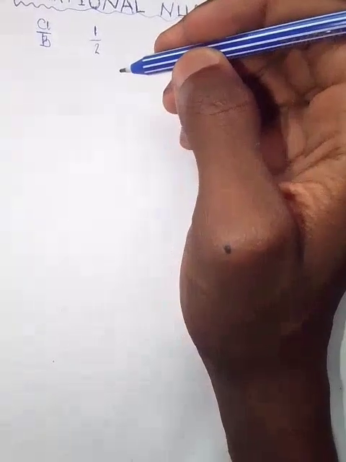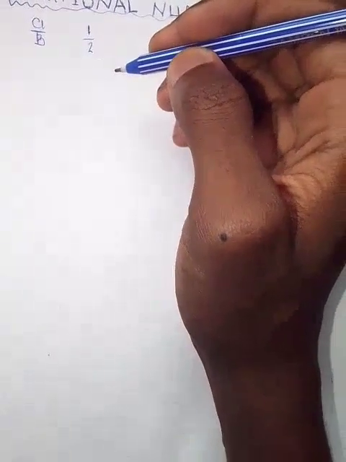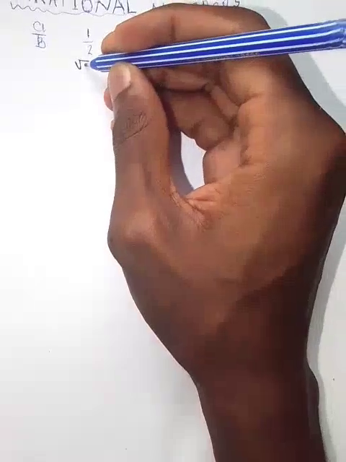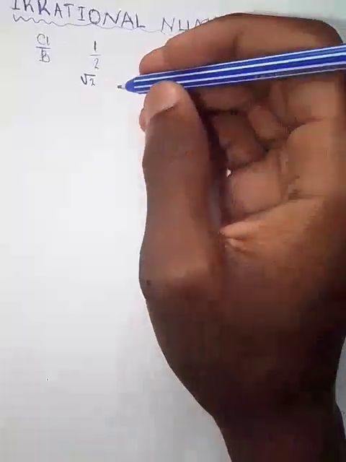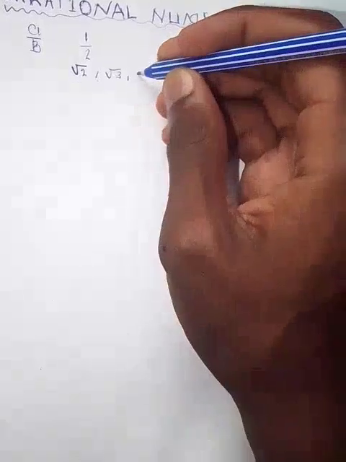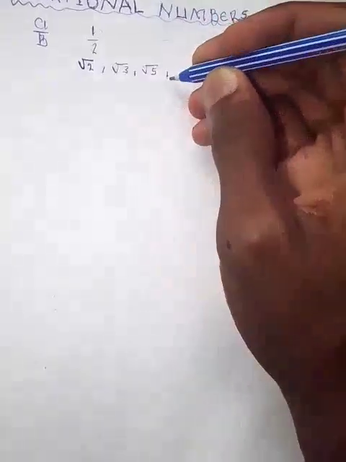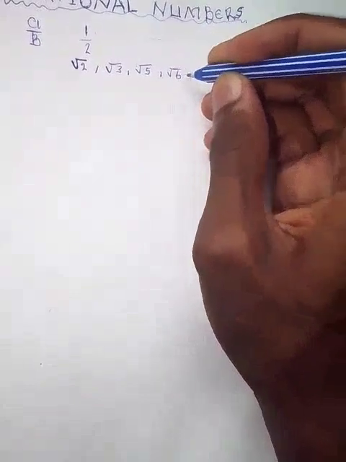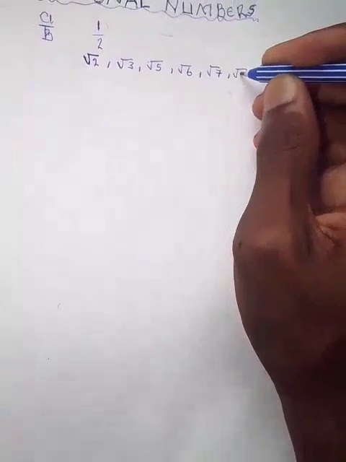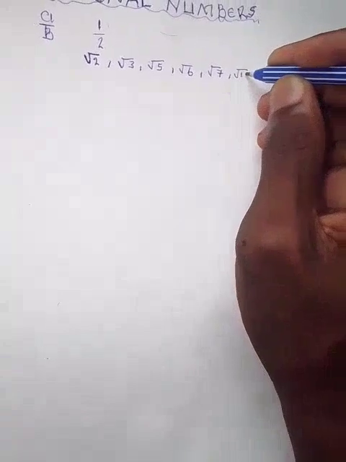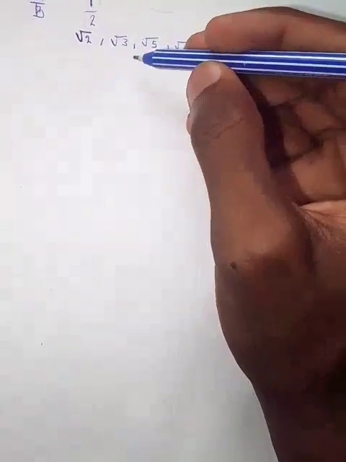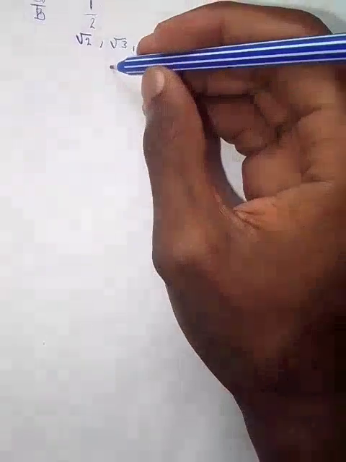Now, some examples of the most commonly used irrational numbers are square root of 2, square root of 3, square root of 5, square root of 6, square root of 7, and square root of 10. Okay, so now you might ask, why have I skipped maybe square root of 4, for instance?